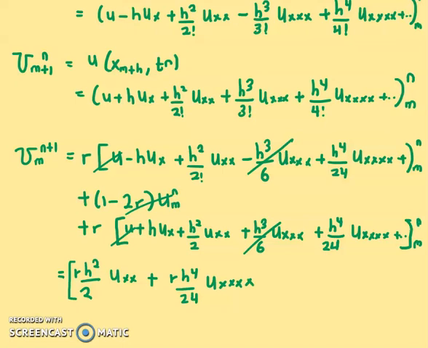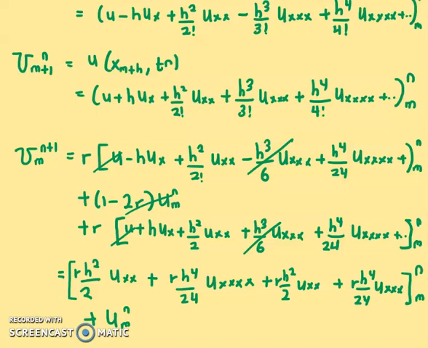Okay, and then I have 1 of u_m; we'll leave that for later. And then this and this: plus r h squared over 2 u_xx plus r h to the 4 over 24 u_xxxx at m, n, plus u_m^n. Okay, so this is what you have for the approximate solution.